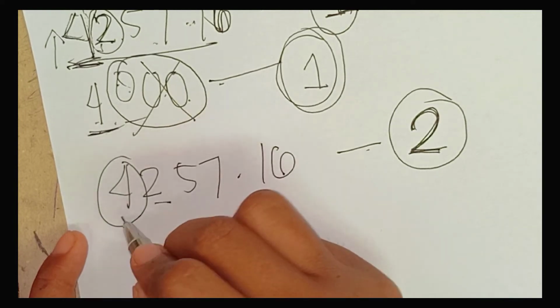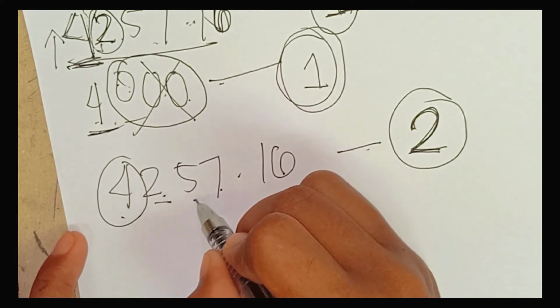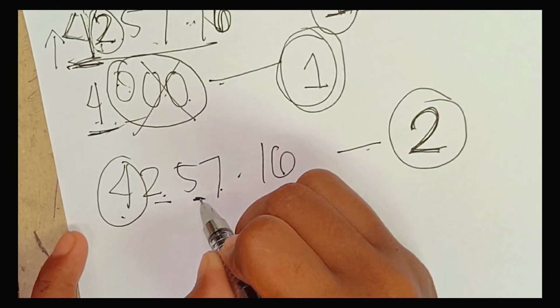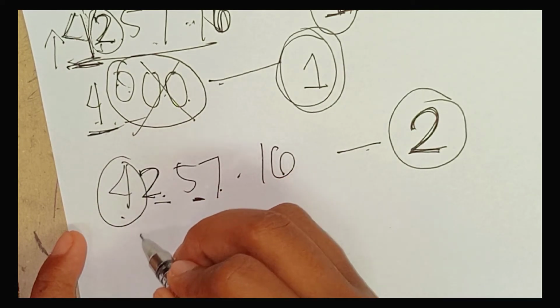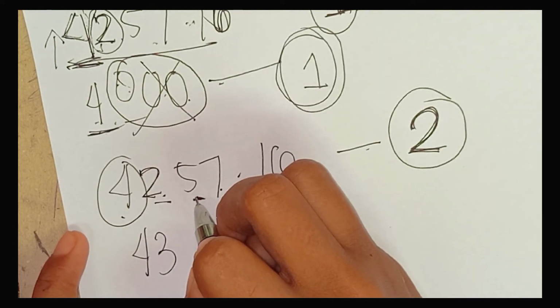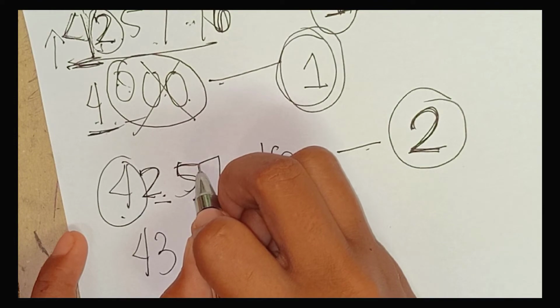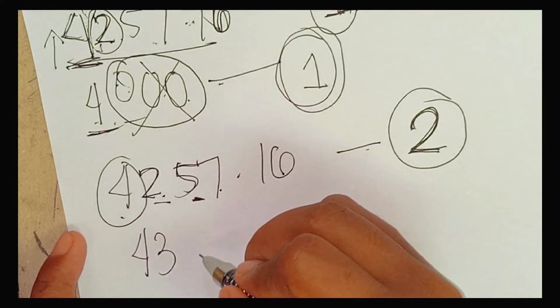Since we have 5 here, 42 is going to change to 43 because we round it up.